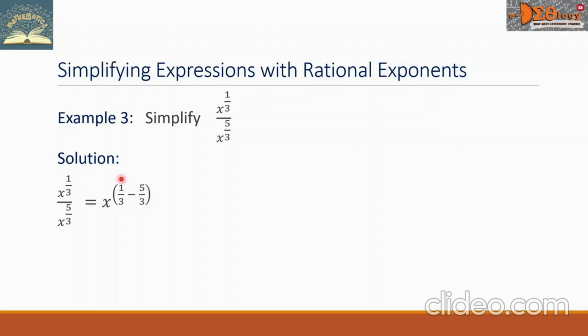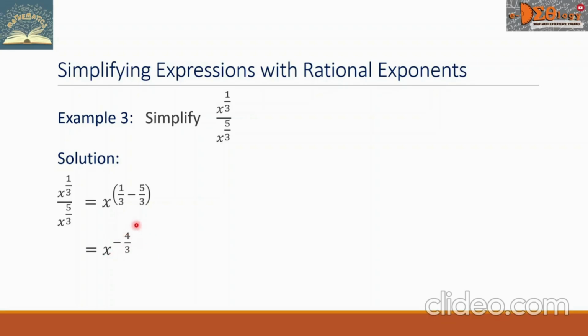Let us simplify the fractions in the exponent. We can see that the fractions have the same denominator, so easily we can get the difference. 1 minus 5 is negative 4 all over the same denominator 3. So x raised to negative 4 over 3.